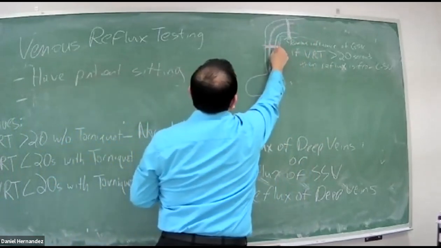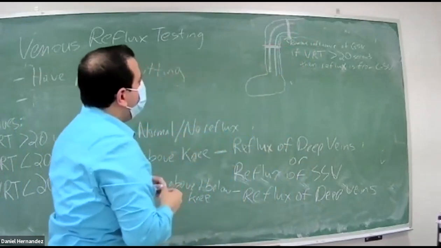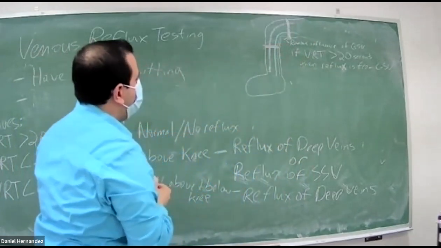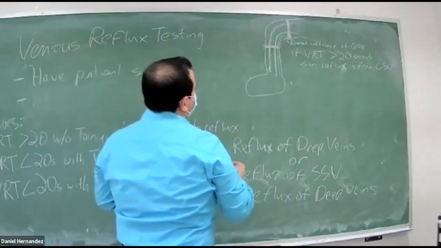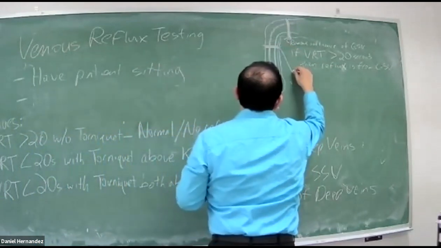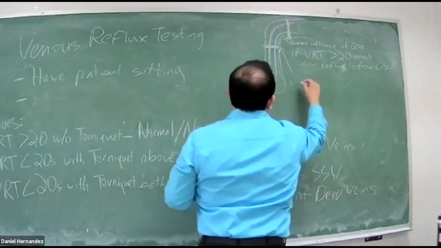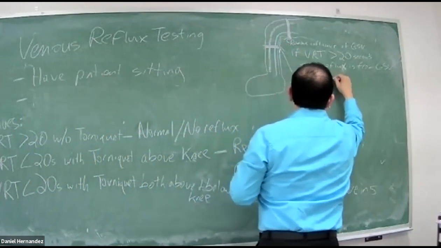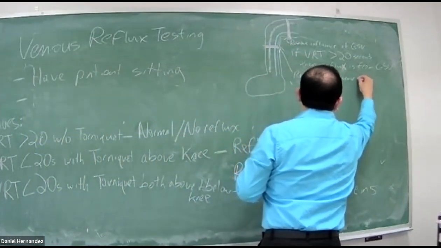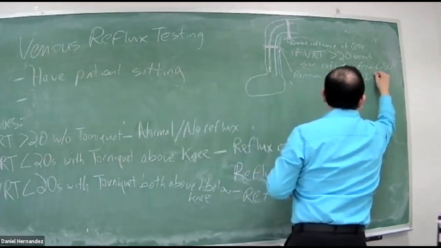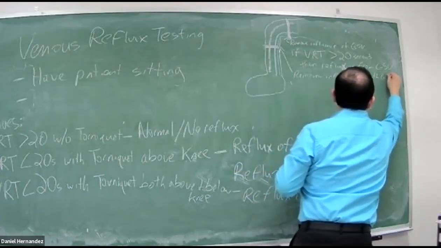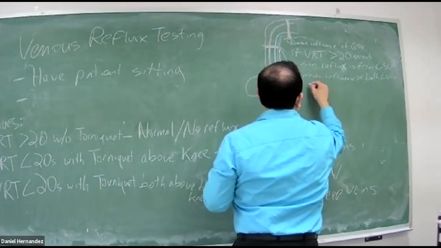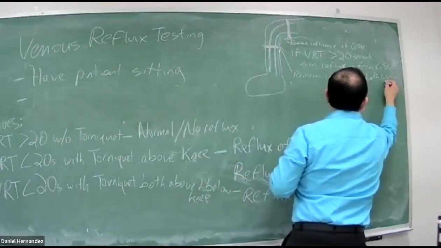So we place the tourniquet or the cuff below the knee. And now we're compressing both the greater saphenous and the lesser saphenous veins. This removes the influence of both the GSV and the small saphenous.